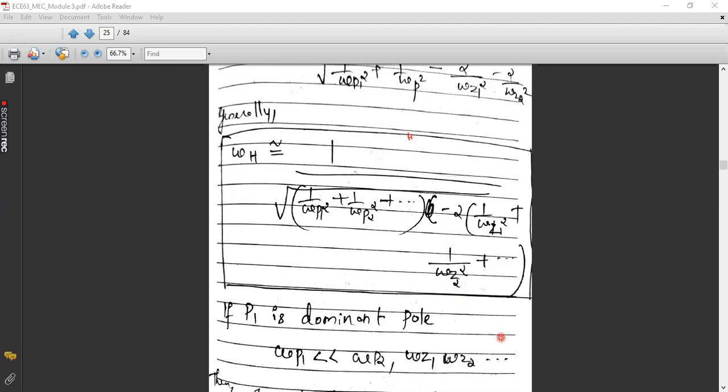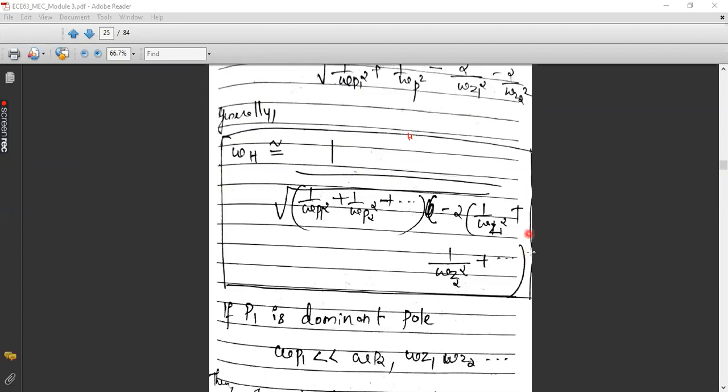Okay, now let us find whether it is possible to deduce an expression for omega h for a dominant pole case from this general case. This is a general equation. From this can we derive our special case? Special case is dominant pole existing.